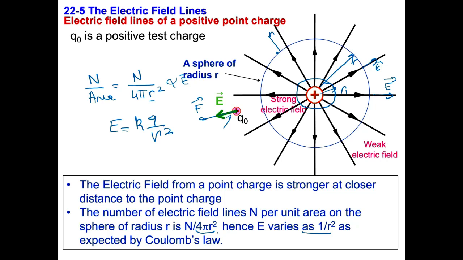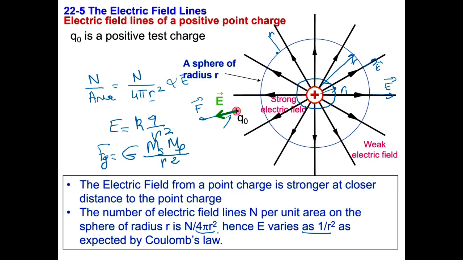For example, the gravitational force between the sun and the planets around it varies as 1 over r squared. The gravitational force F is the gravitational constant times the mass of the sun times the mass of the planet, divided by r squared, the distance between them.